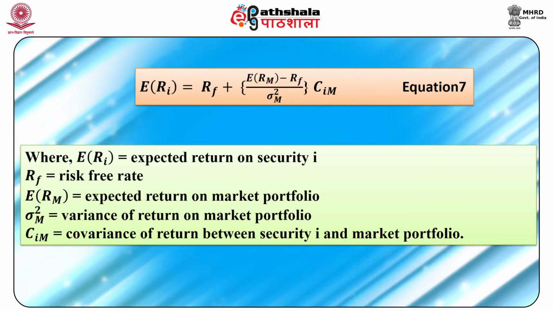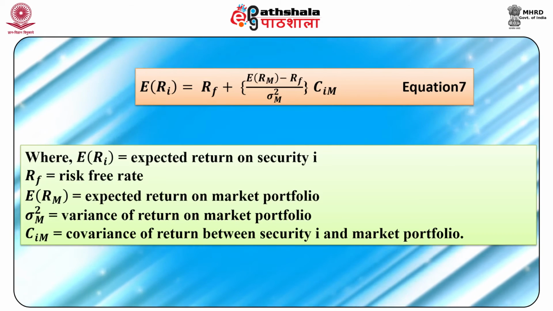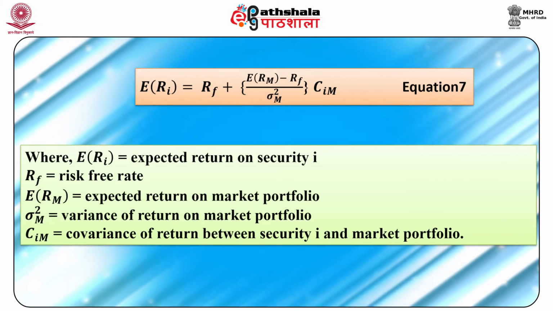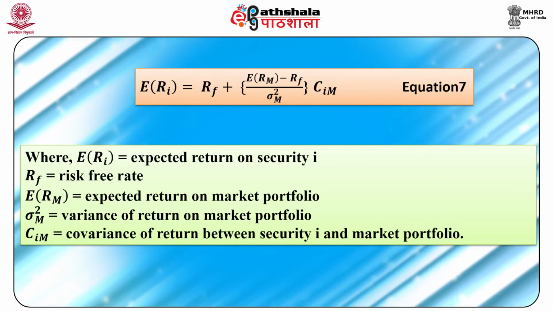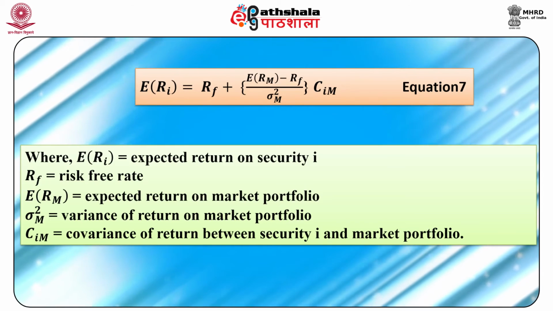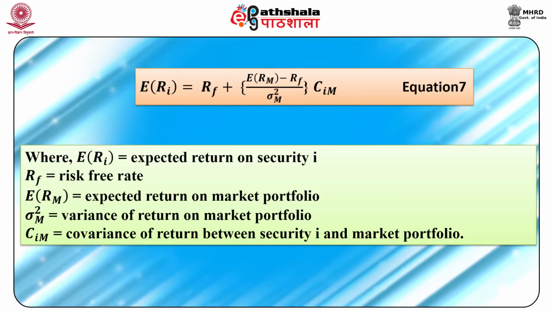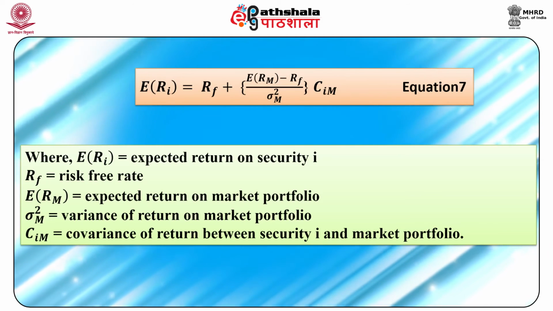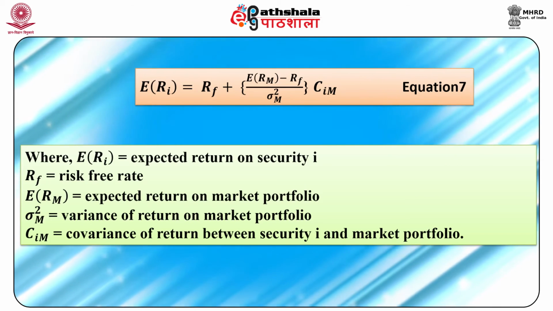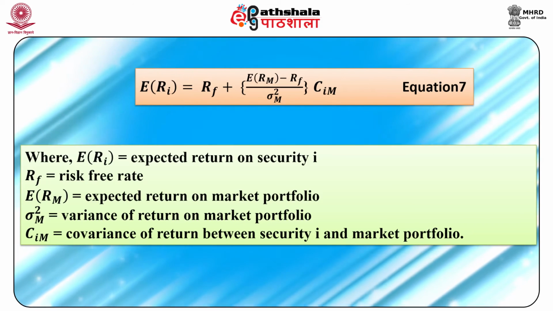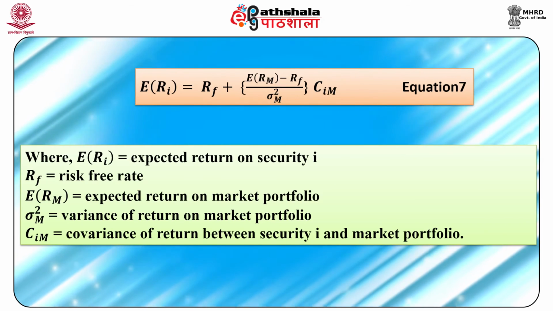This is called, as I said, equation 7, where E(Ri) is the expected return on security i, Rf is the risk-free rate as explained earlier, E(Rm) is the expected return on the market portfolio, σ²m is the variance of return on the market portfolio, and Cim is the covariance of return between security i and the market portfolio.